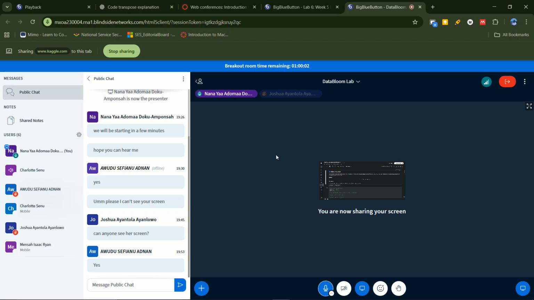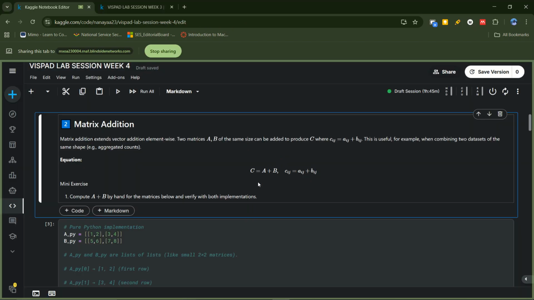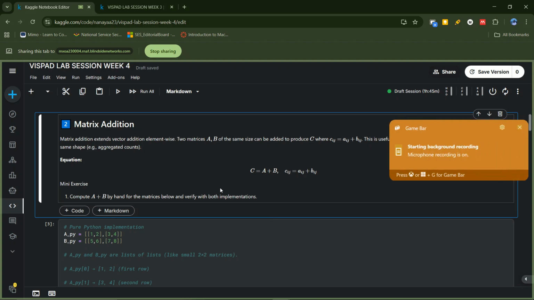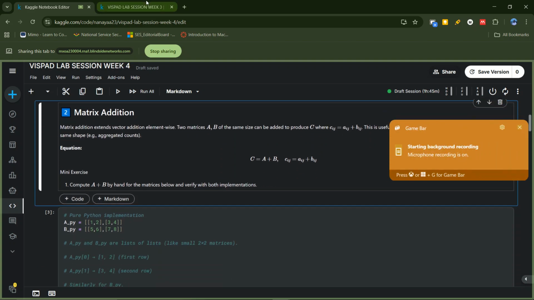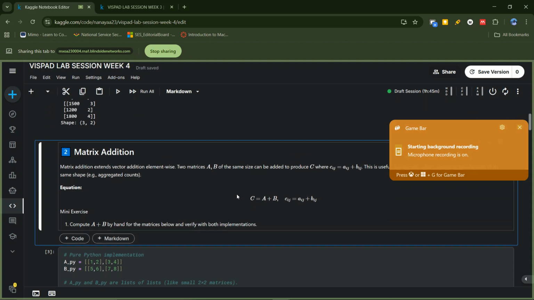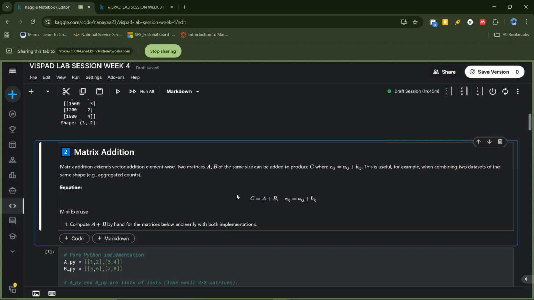Okay. Now let's move on to the second concept. So the second concept is the matrix addition. So matrix addition extends vector element wise addition, if you remember.